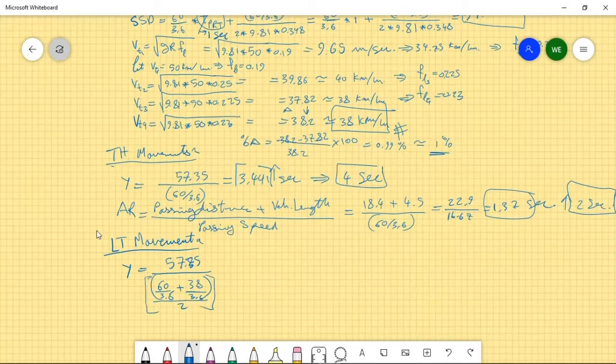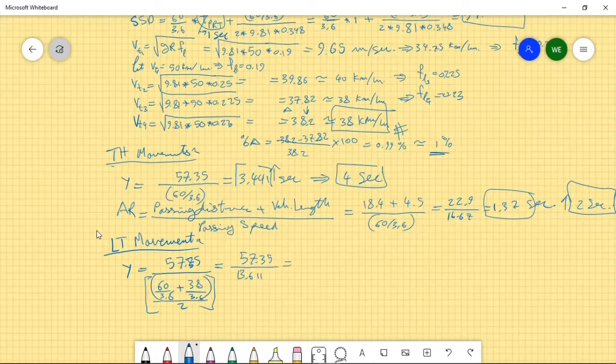So the denominator for this one will be 60 plus 38 divided by 2 divided by 3.6. So this will be 57.35 divided by 13.611.